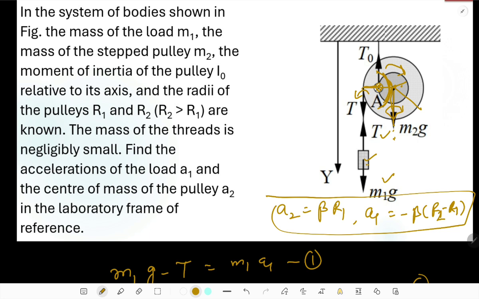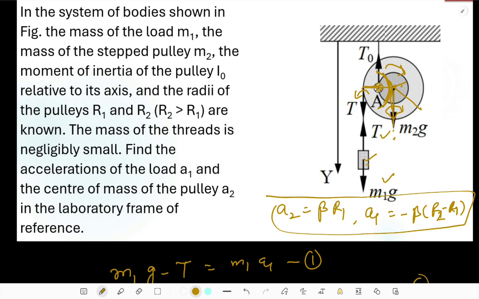Instantaneous center of rotation, I got. So I'm going to write down everything. Beta is the angular acceleration of this, and this angular acceleration is beta as well, but in another direction.